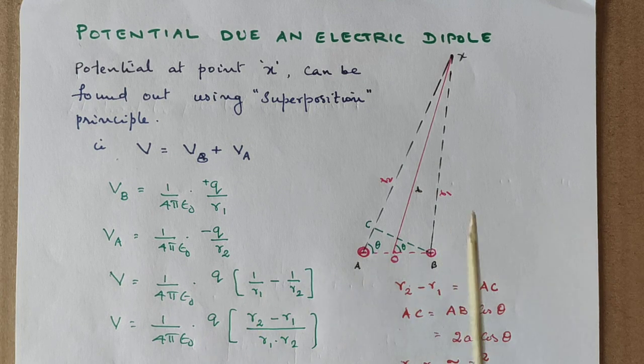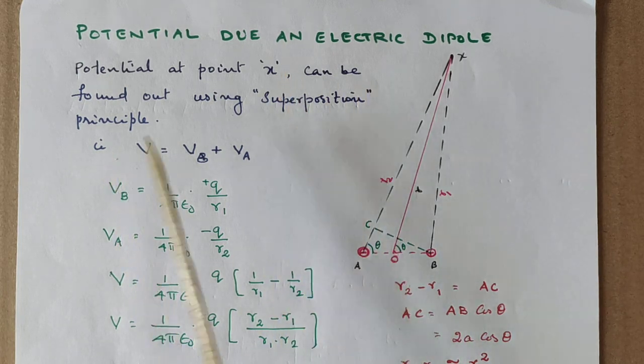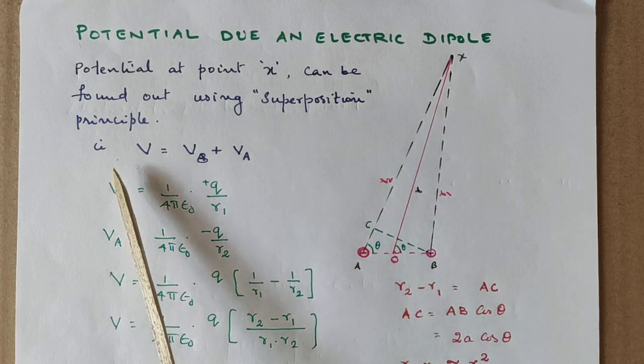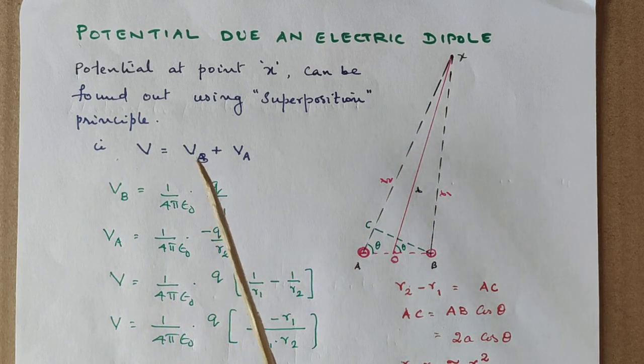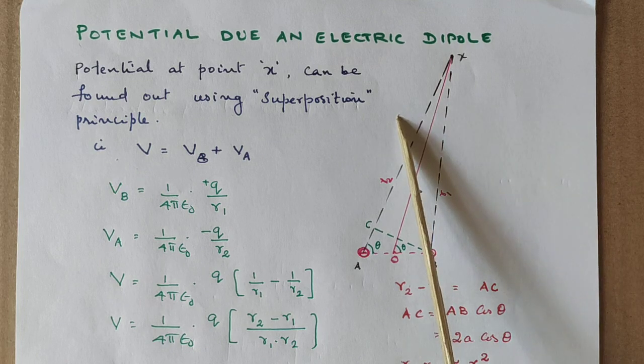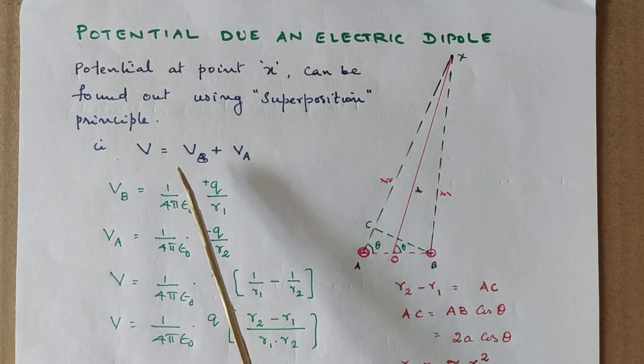Now, potential at point X can be found using the superposition principle. As we studied the superposition principle earlier, we apply it directly here.